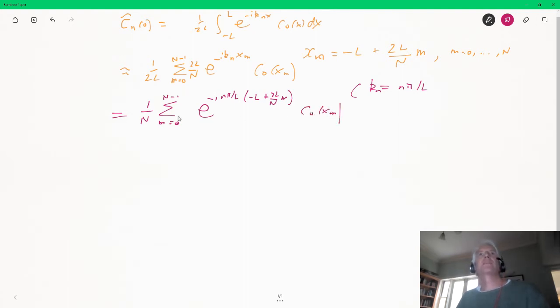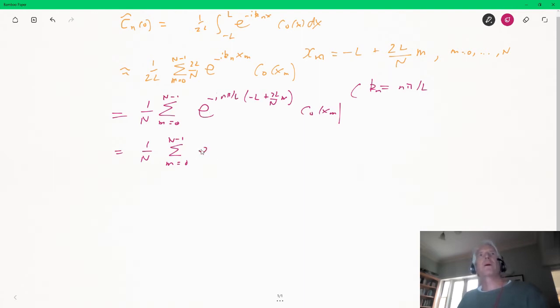Then a lot of cancellations happen. All the L's cancel and we get 1 over n, the sum from m equals 0 to n minus 1. This is just the discrete sum calculating this integral.